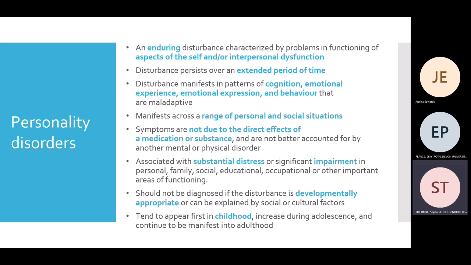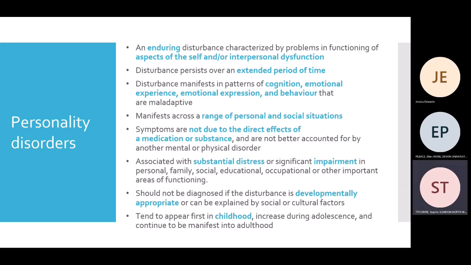Obviously, across different people and cultures throughout the world, there are some things which in one culture might be considered normal, but in another culture would be considered quite strange behaviour. So it's appropriate to note that we can't give a diagnosis of a personality disorder if the behaviour they're displaying is either developmentally appropriate for their age or can be explained by social or cultural factors.